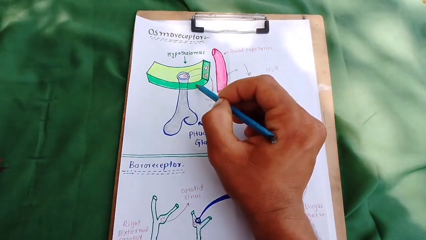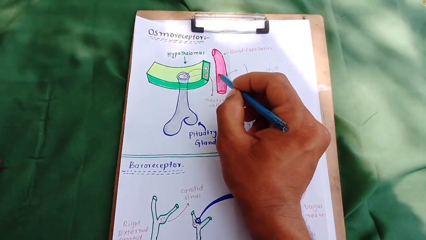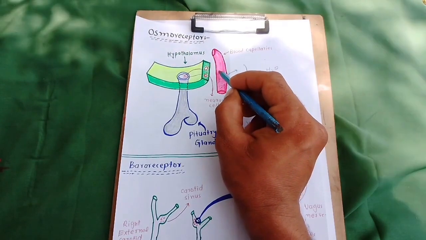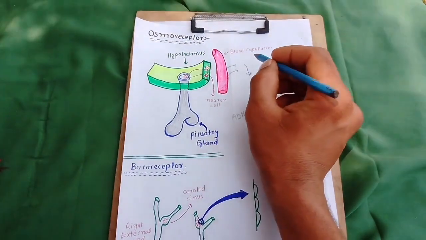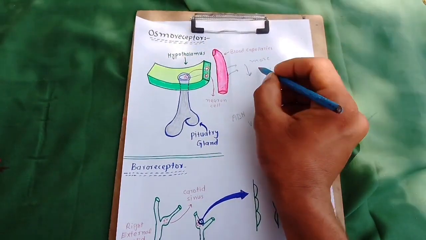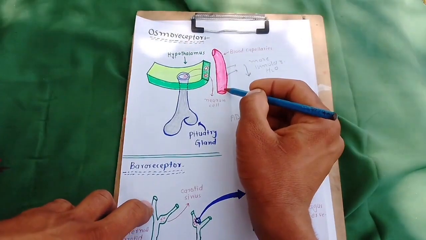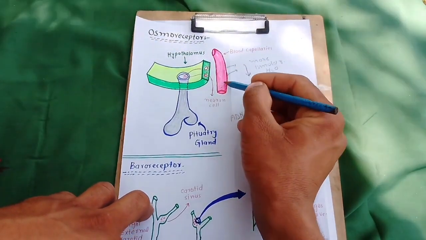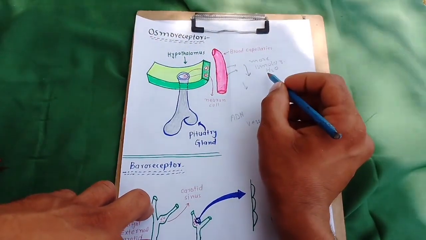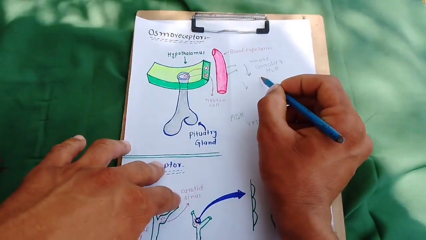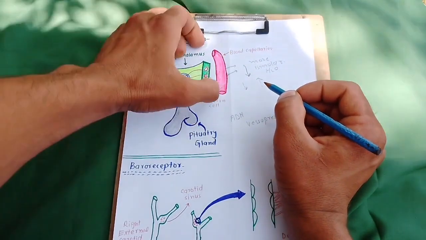When this blood capillary passes through the hypothalamus, this is the structure of the hypothalamus, there the concentrations of sodium, potassium, and calcium are very large. This is more osmolar blood, because the amount of water is low, while the amount of solutes like potassium, calcium, sodium is large. So this is the more osmolar blood.